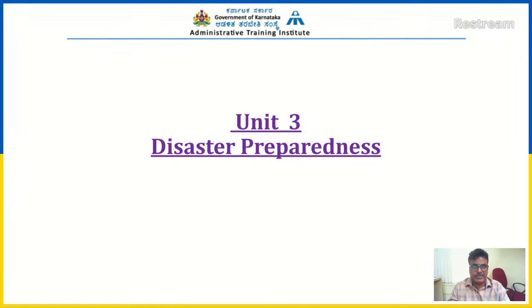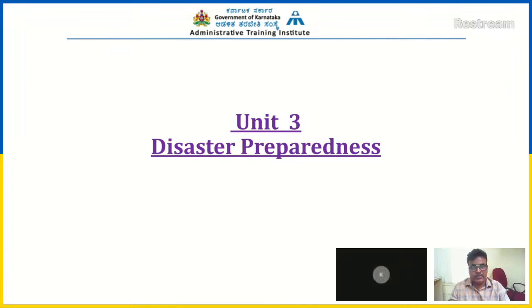Preparedness comes under the pre-disaster phase of the disaster management cycle. Preparedness, mitigation, and prevention are part of the pre-disaster phases. So let us discuss a little bit about disaster preparedness under unit number 3.